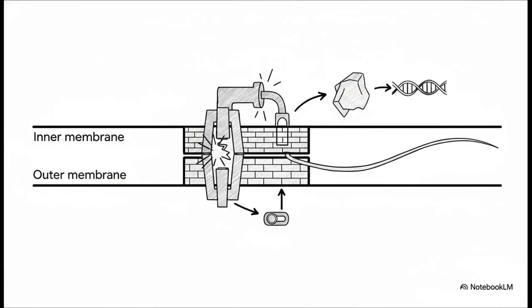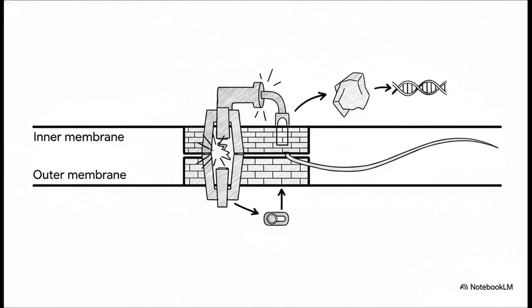Okay, now let's put the spotlight on one of the most versatile systems of all, the type 4, or T4SS. This thing is just incredible. Why? Because it doesn't just transport proteins, it can transport DNA as well. This is the system used in bacterial conjugation. And get this, to build its channel through the cell wall, it brings its own demolition expert, a protein called VirB1, which is a glycosylase that literally chews through the peptidoglycan layer.